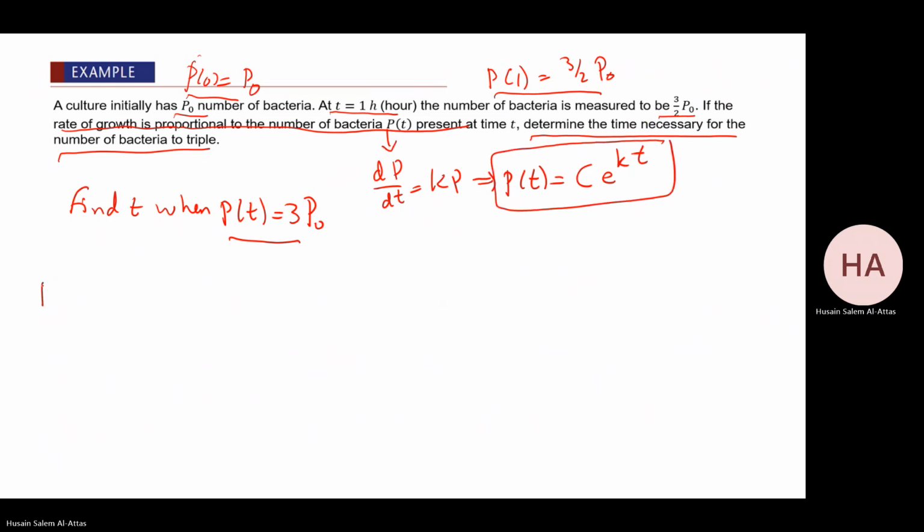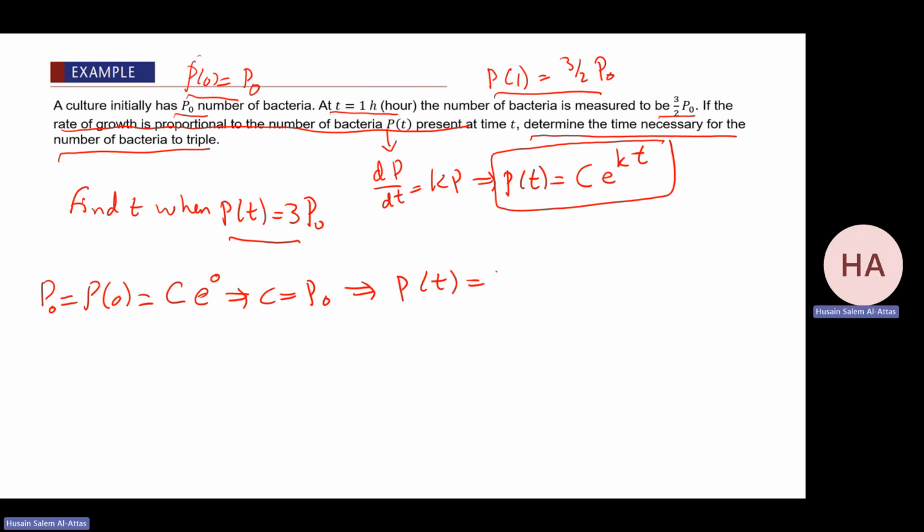So P0 equals P at 0, that will be C e^0, so C is P0. So P of t is P0 e^(kt). Second one, 3 over 2 P0 equals P at 1, which is P0 e^k.